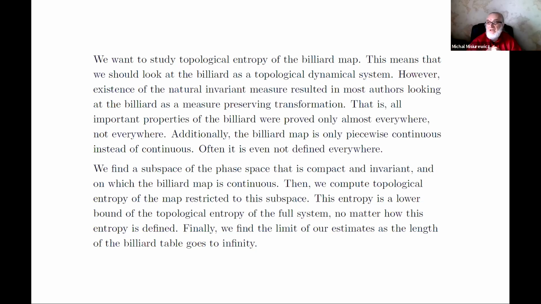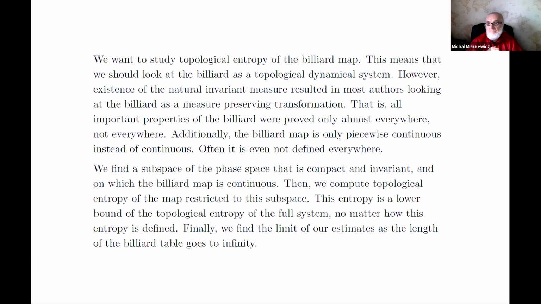Some people tried, for example, to look at the number of periodic orbits of various periods and see how this increases exponentially as the period goes to infinity, or other ways.